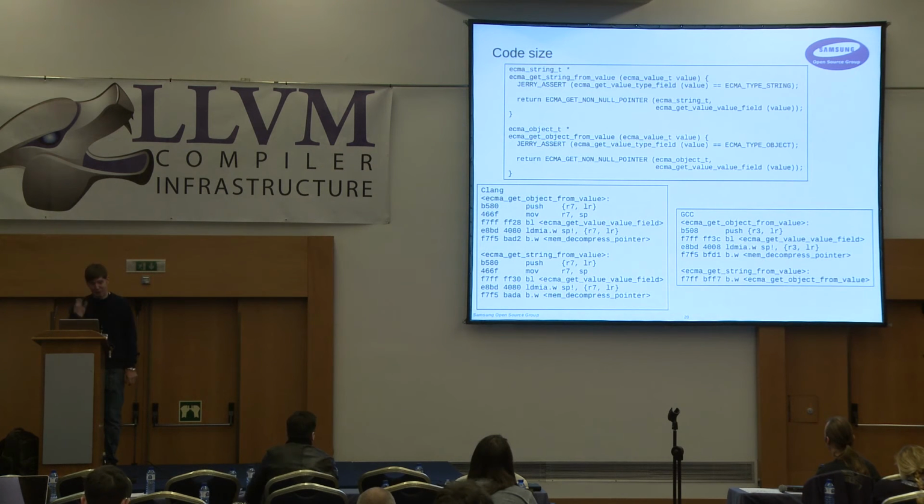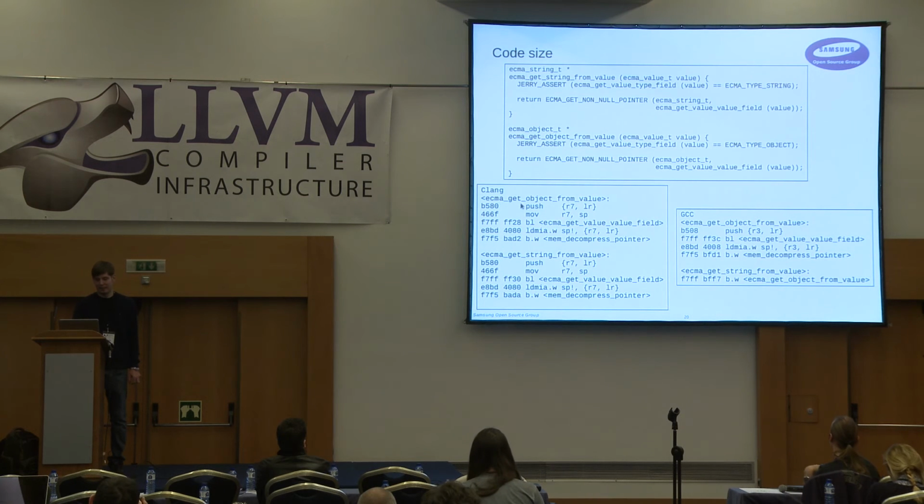Another example here: if you take a closer look, you can see that the macro invocation is the same. These functions are identical except for the assert, but since we are doing a release build, the assert is removed anyway. So what we end up with is identical code for both of the functions.